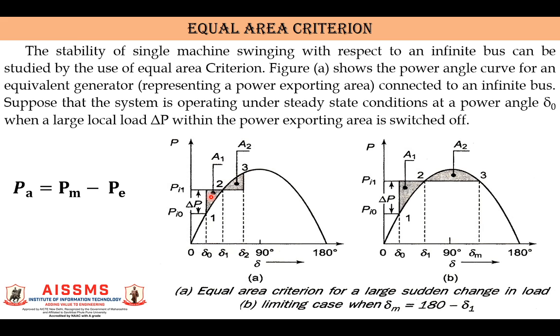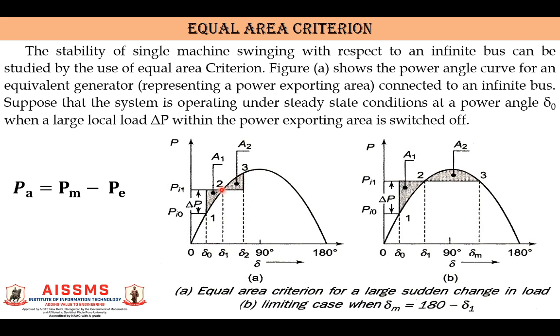This area is nothing but the kinetic energy gained during the accelerating period. When it comes to this point, the rotor has some kinetic energy, and with the help of this kinetic energy, it will move in the forward direction.